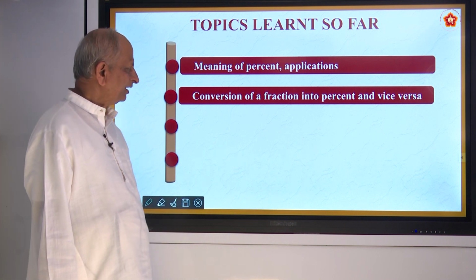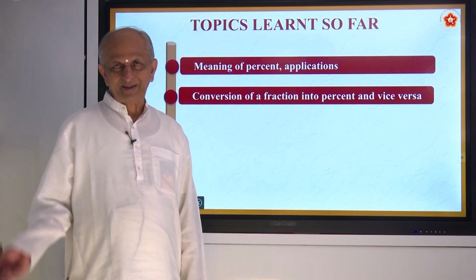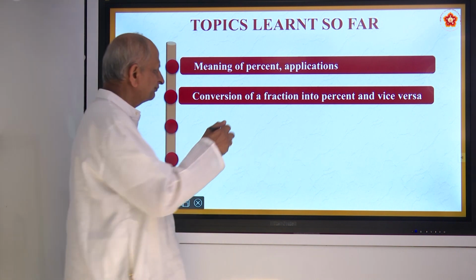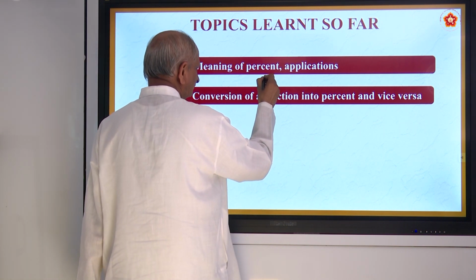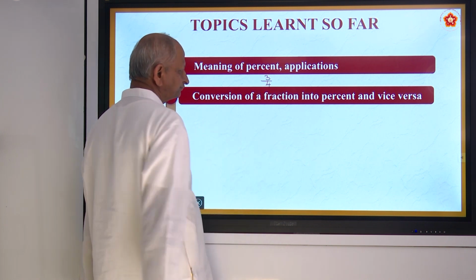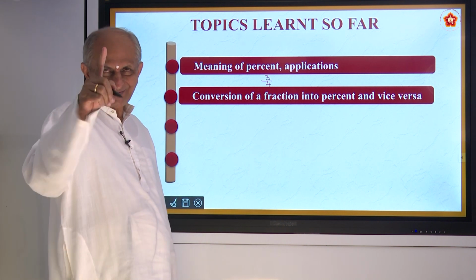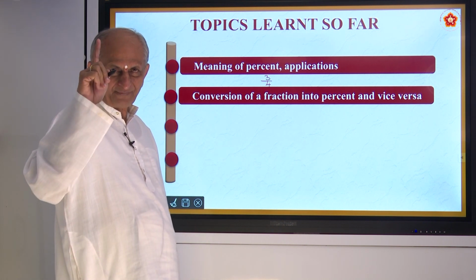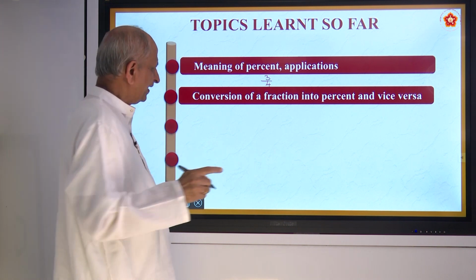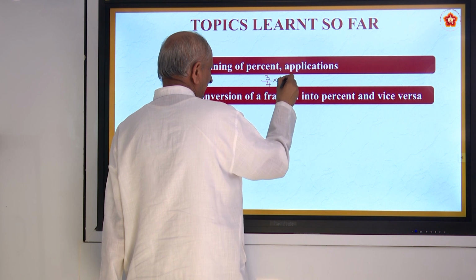Also, you have learned how a fraction is converted to percent, and percent into fraction. For example, if we have a fraction like 3 by 4, what type of fraction is it? It is a proper fraction or simple fraction. How to convert it to percentage? Multiply by 100.